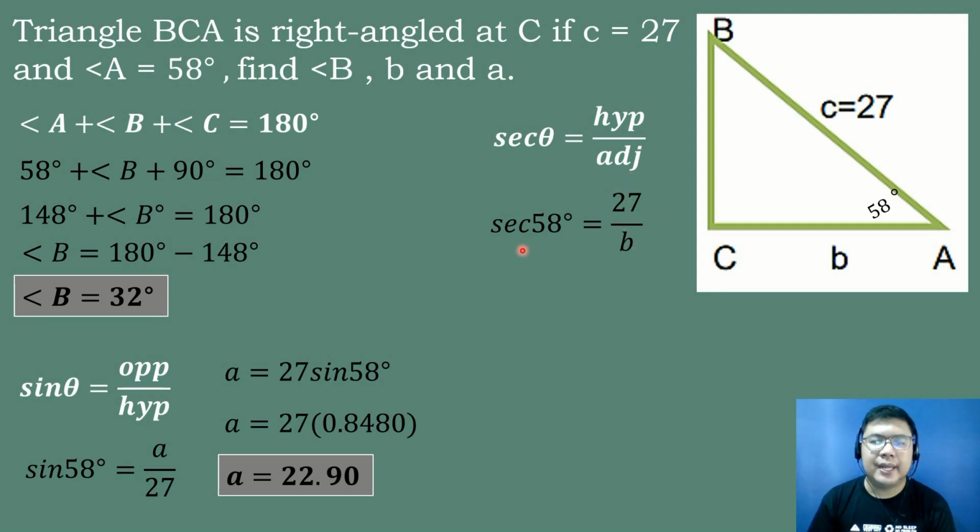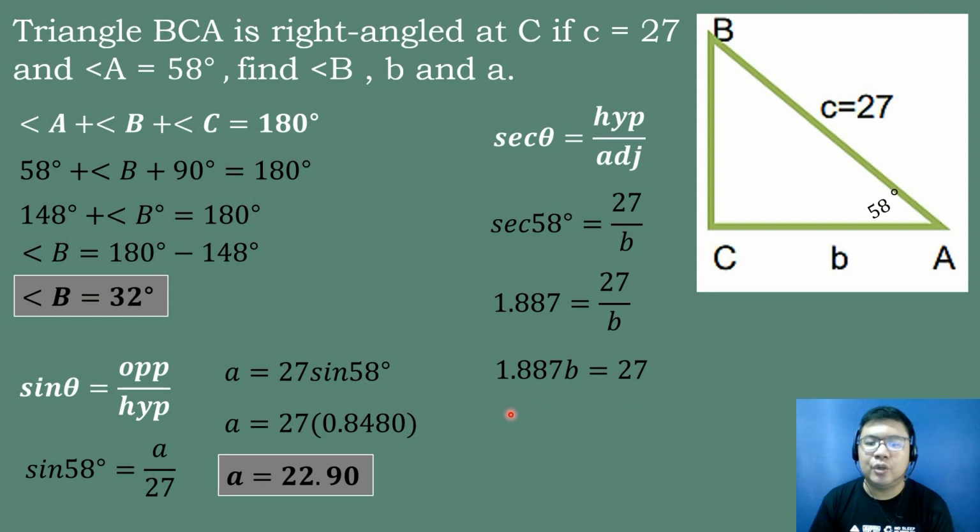So we have secant 58, just press it on your calculator, it will be 1.887 equals 27 over B. Then let's cross multiply. 1.887 times B is equal to 1.887B equals 27 times 1 will be equal to 27.